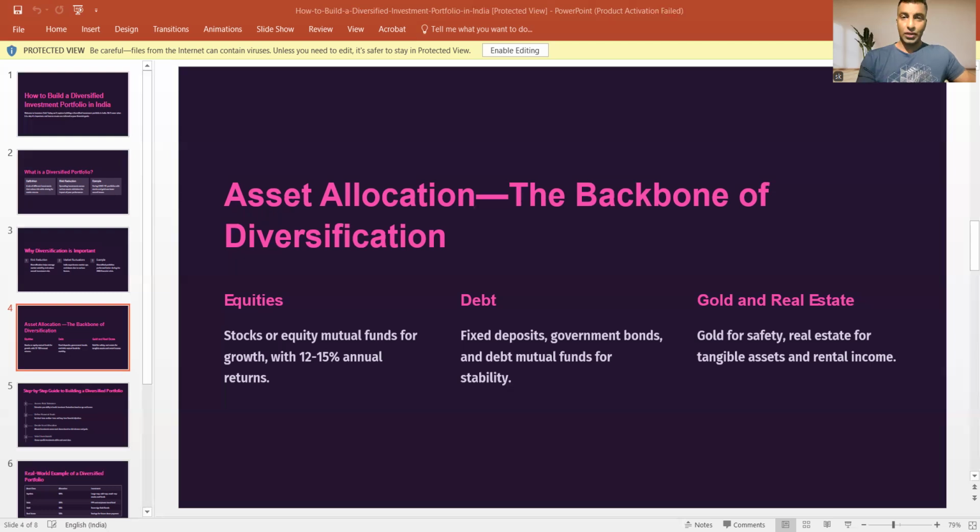Fixed deposit, zero risk actually, right? Bonds too, technically zero risk. So the thing is that here the return is less, but risk is very less. In equities the return is high, risk is high, and in fact the liquidity factor is also there. When it comes to fixed deposit, the liquidity factor is a big problem. When it comes to stocks, liquidity is very good.